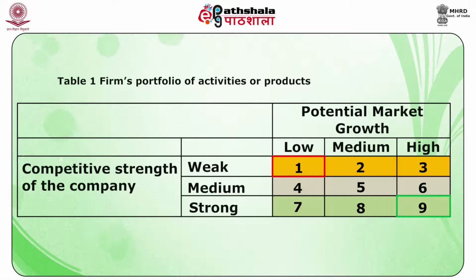In case of low growth sector represented by boxes 1, 4 and 7, firms should continue to stay in low growth market, that is box 7, where the firm is strongly competitive, but may try and avoid box 1 and 4.